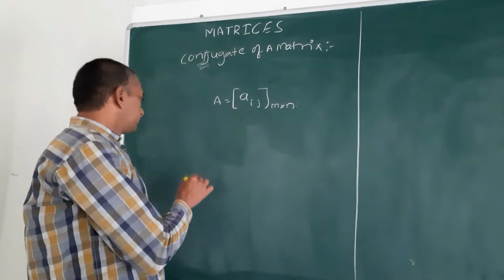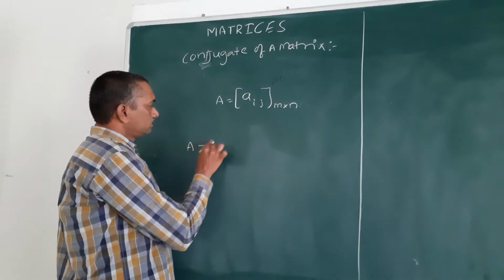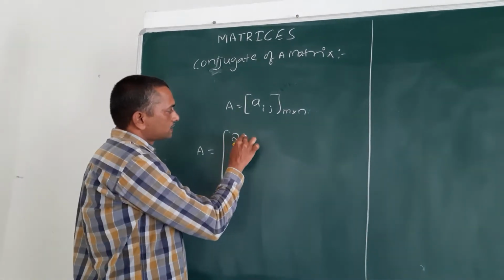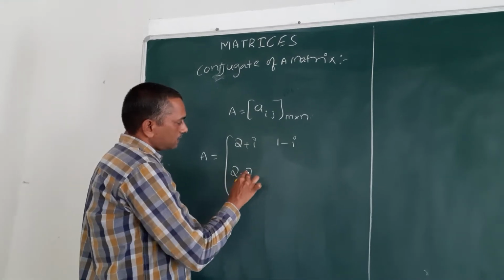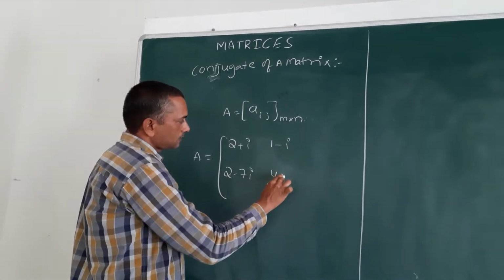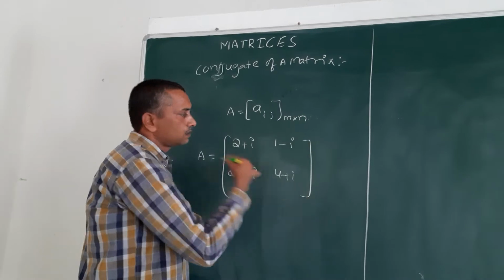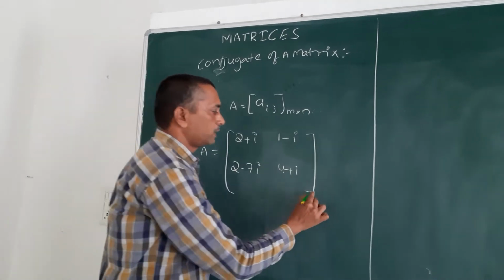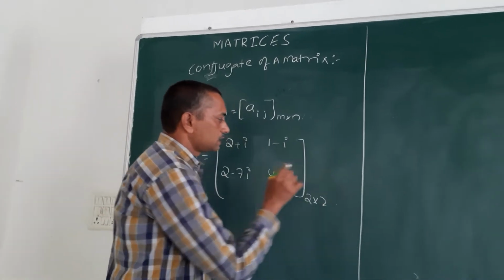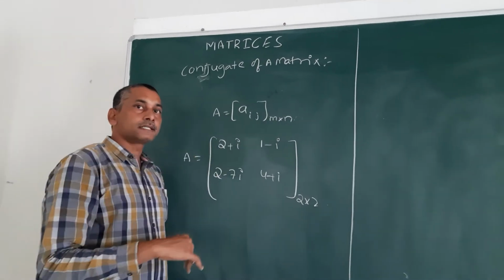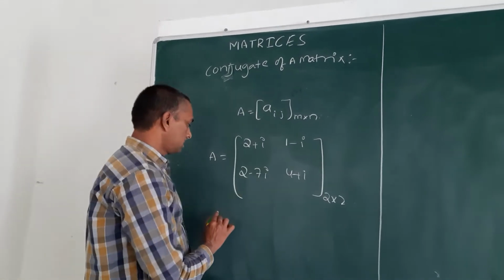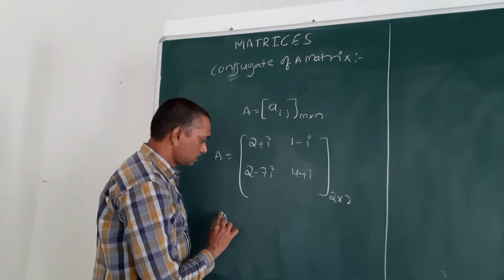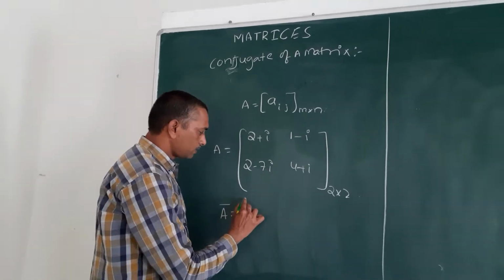For example, A equal to [2+i, 1-i; 2-7i, 4+i]. This is a complex matrix, a 2 by 2 matrix. On replacing its elements by the corresponding conjugate elements, the conjugate matrix is represented by A bar.